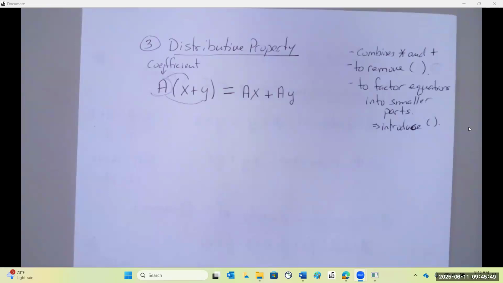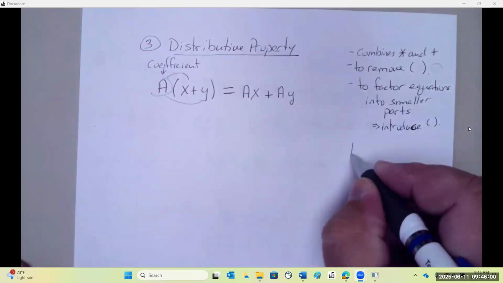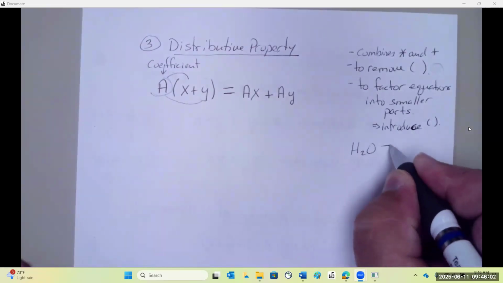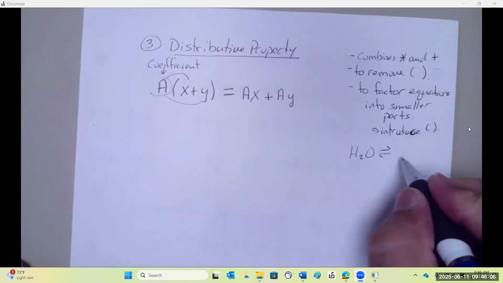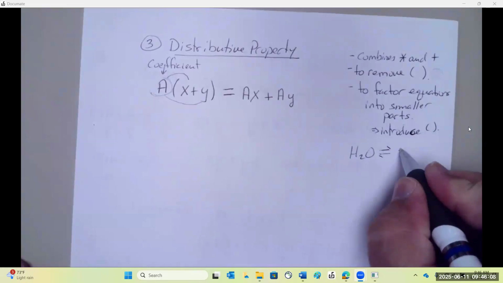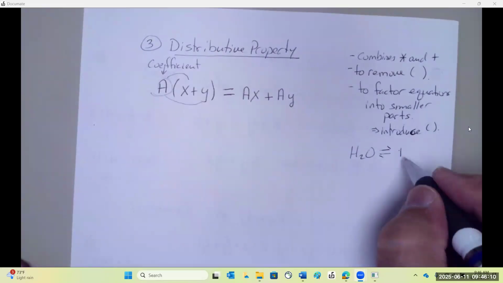How many of you ever took chemistry in high school? There's a process in chemistry that is called stoichiometry. Stoichiometry says something like this. If you had H2O, it breaks down to what? No, it is water.